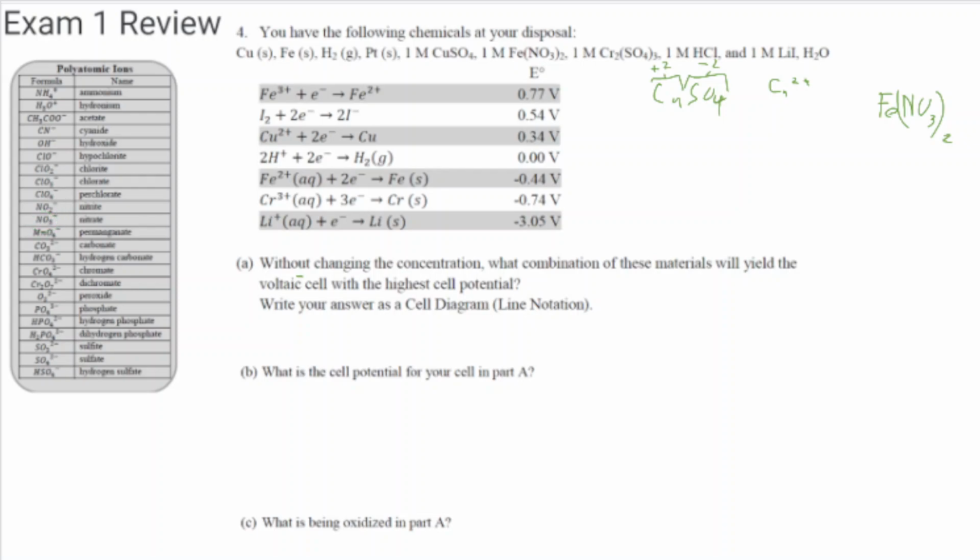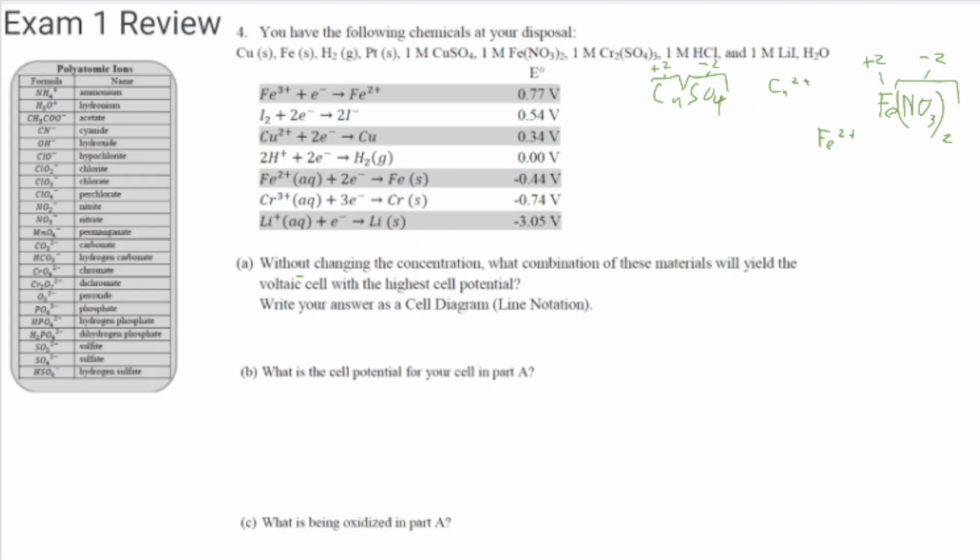So each one of our NO3s has a -1 charge. We have 2 of those. So overall, this will be a -2, taking count both NO3s. So our iron is going to have to be a +2. Now, why does this matter? Well, we know that we have iron 2+. All right. We'll talk about this in just a second.